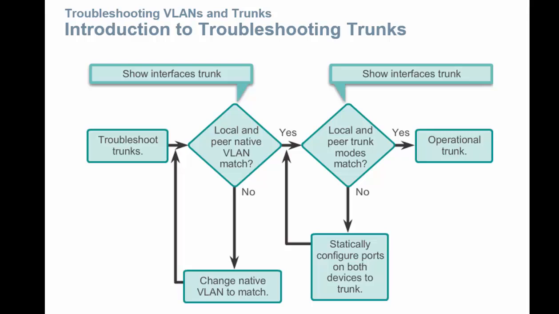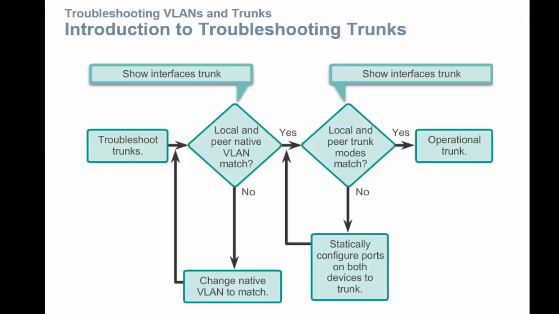Next, we would do the show interface trunk command to check to see whether the local and the peer native VLANs match. You know, you can fat finger things into where they wouldn't match, or you may have forgotten to set up one of your VLANs. Do the show interface trunk command to check to see whether a trunk has been established between the switches.